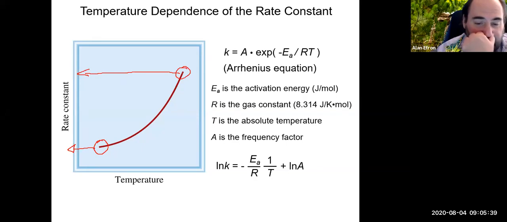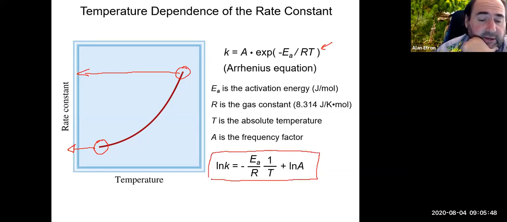Now, if we take the Arrhenius equation, which is up here, and take the natural log all the way across, we get this version of the Arrhenius equation. This version is oftentimes used for graphing purposes and to graphically determine things like activation energy. That's because this is written in the form of a straight line, y = mx + b.